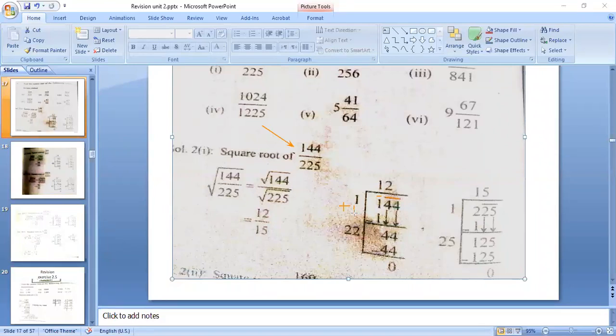Same number is added. So we get 2. Then we will write 2 with it, and 2 also be written in the quotient. Now this 2 is multiplied with 22 and we will get this 44.